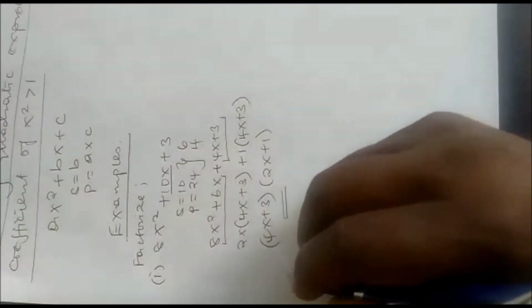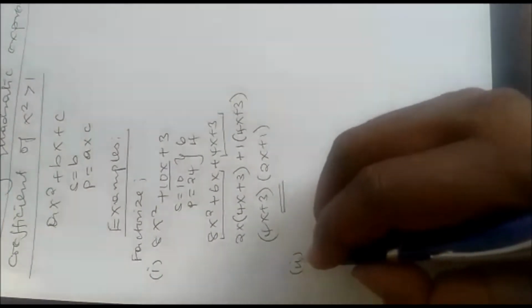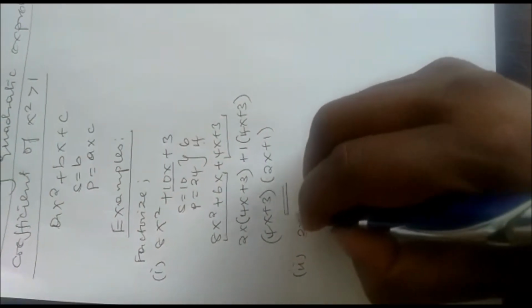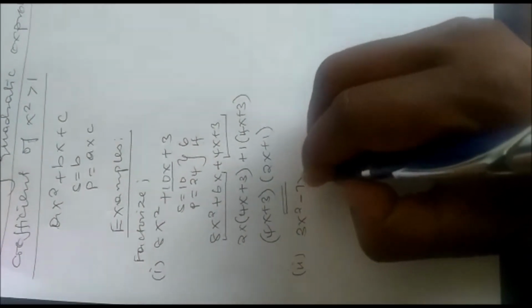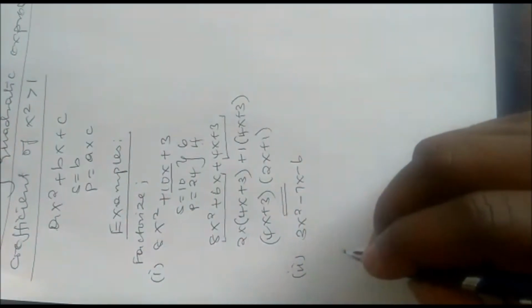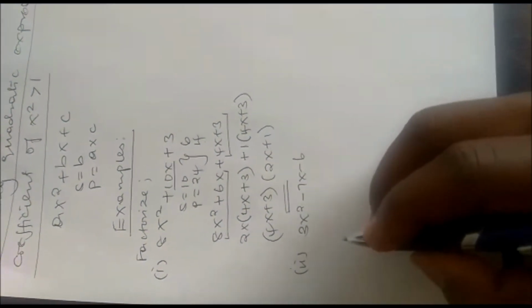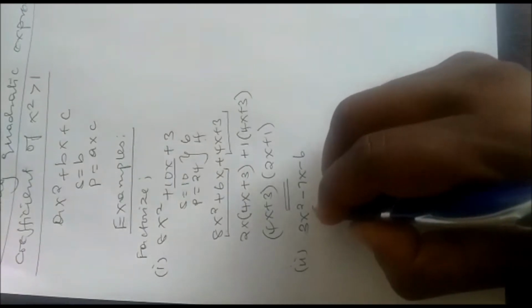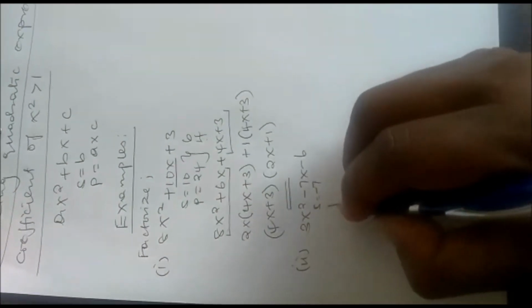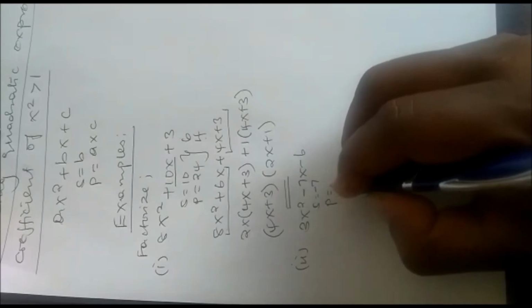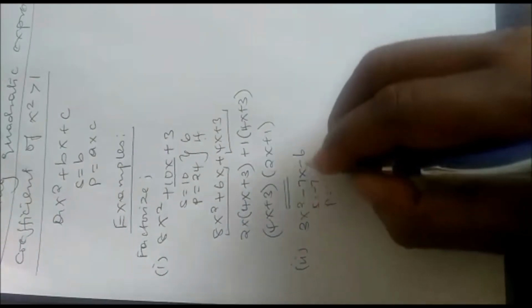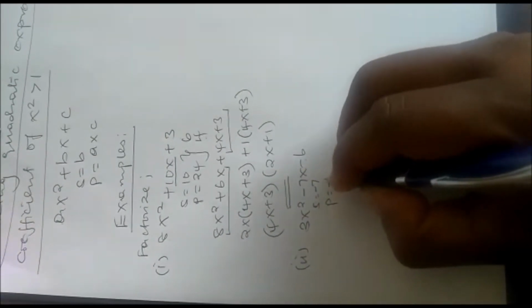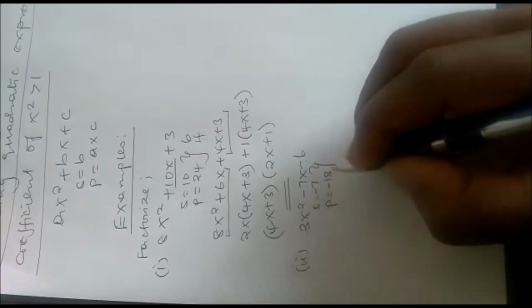Let us look at the second example. Suppose we are given 3x squared minus 7x minus 6. In this case, we do the same thing. The sum is negative 7. The product is 3 times negative 6, which is negative 18.